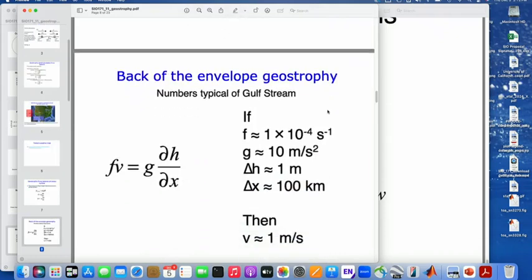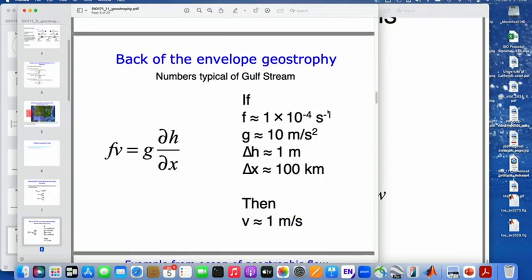So it allows you to do something that I think you should be able to do, a kind of back of the envelope calculation of the numbers, say, typical of the Gulf Stream. Like these numbers, I think, are worth remembering. Basically, this is the balance you have to have.